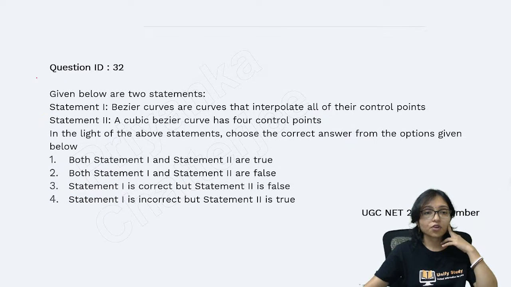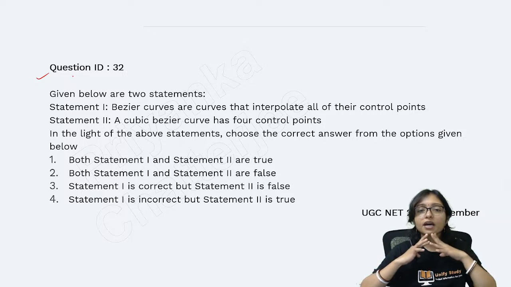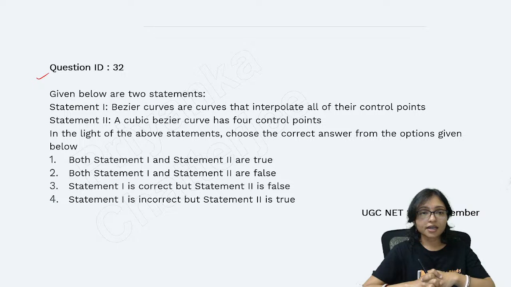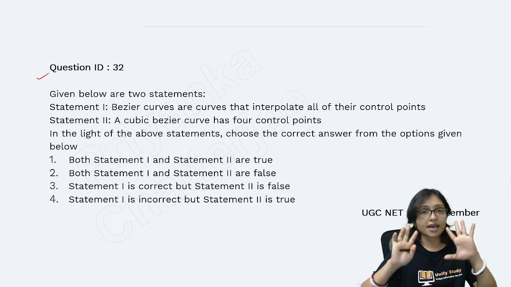Again the question is from the Bezier curve and the cubic curve. So tell me what will be the correct answer. Bezier curve, cubic curve. I told you these are the repeated area.